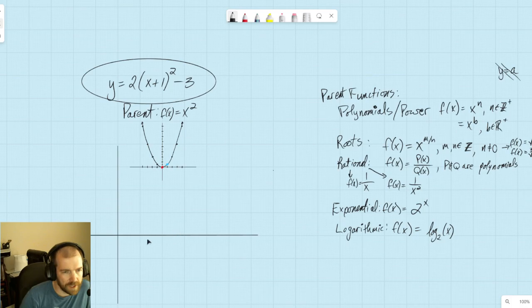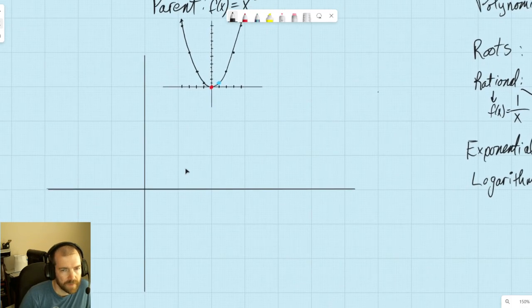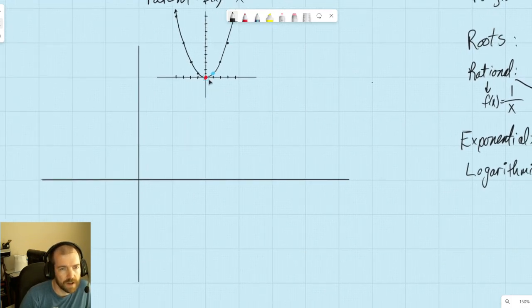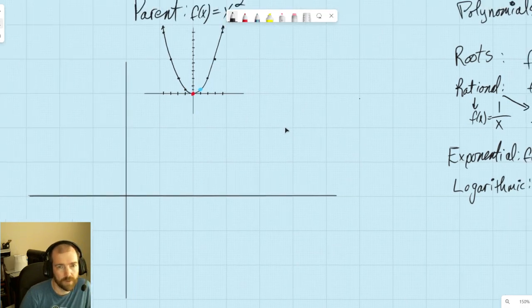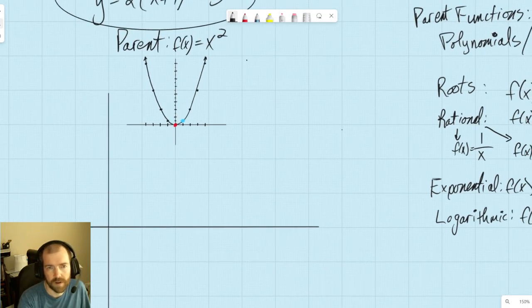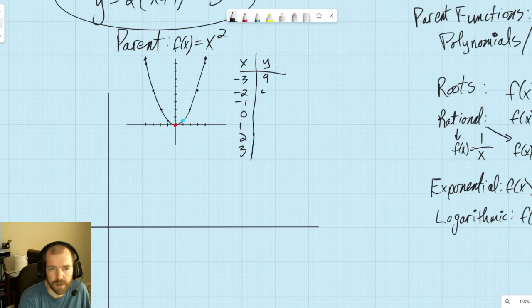And what I have done here is that I have said we have our standard pattern for parabolas, which is -3, -2, -1, 0, 1, 2, 3. And we actually go out to 4 as well, and -4, but that's fine. -3 is 9, -2 is 4, -1 is 1, 0 is 0, 1 is 1, 2 is 4, and 3 is 9.